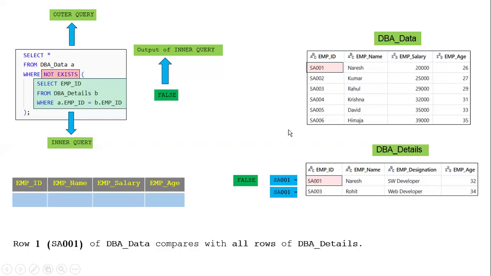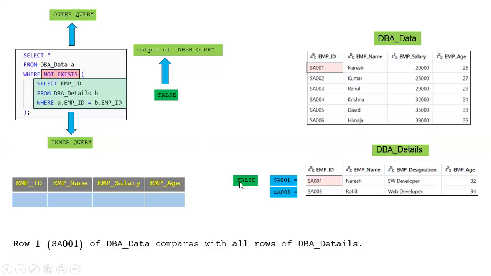Since we mentioned NOT EXISTS, and you have this record SA001 there, the value is matching, so you will get false here. If you were using only EXISTS, then you would get true here. Since this value is there in table B, it is false.